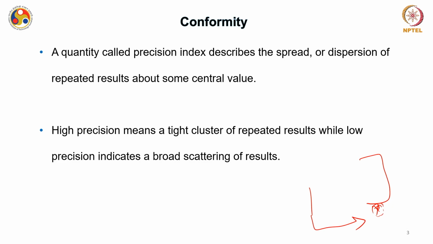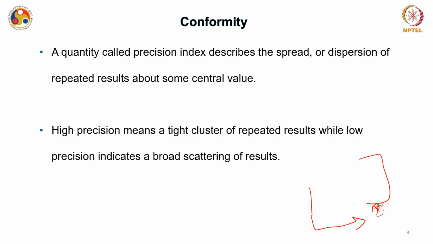So, what is conformity? A quantity called the precision index basically describes the spread or dispersion of repeated results about a certain central value. This will define our conformity.